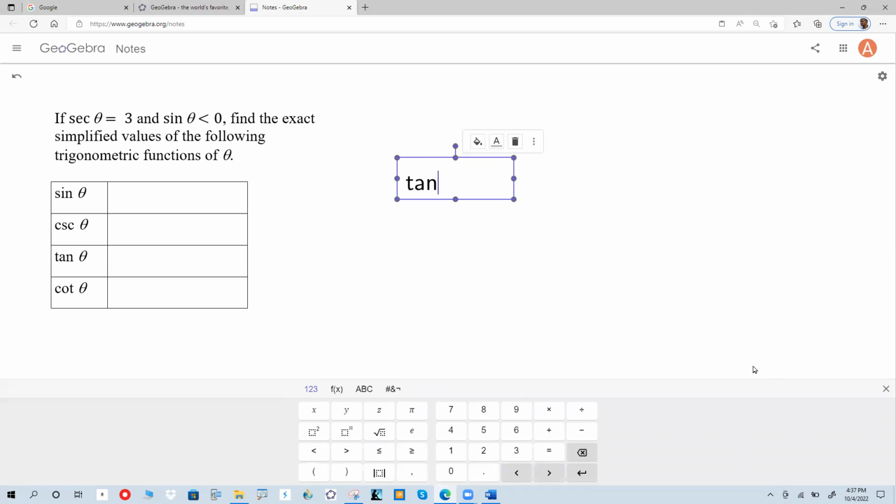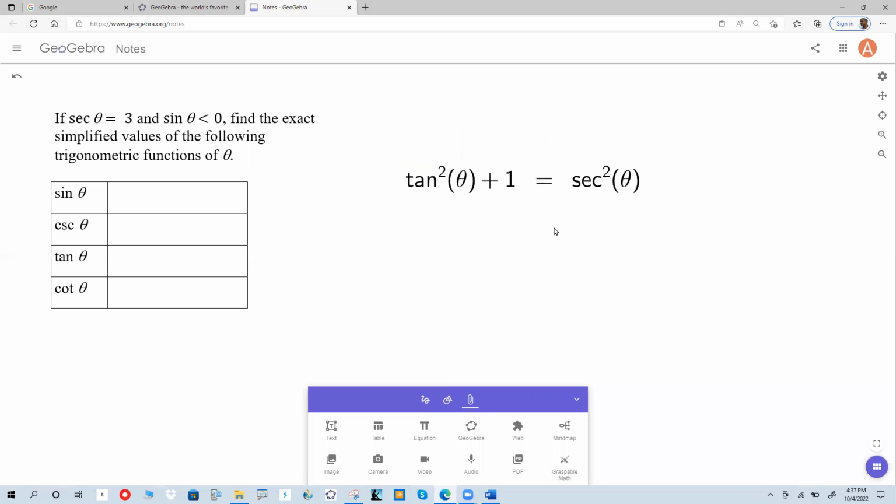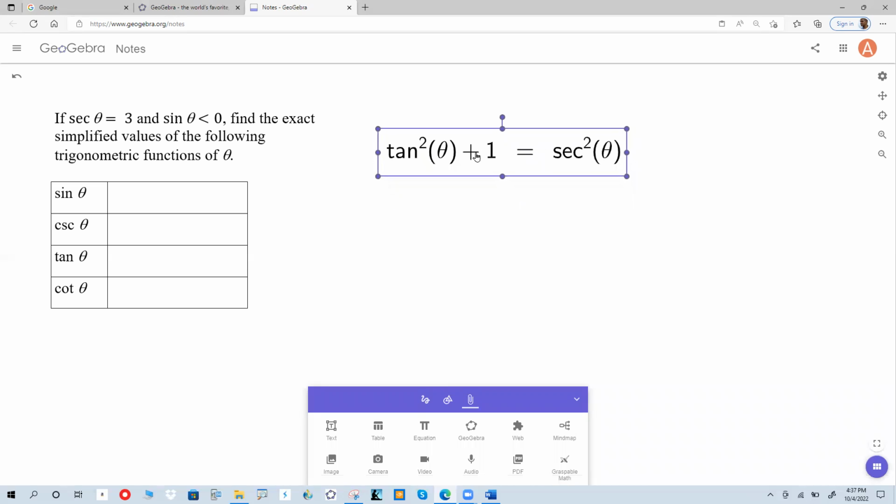Tan squared theta plus 1 is equal to secant squared theta. That's how these two trig ratios are linked.